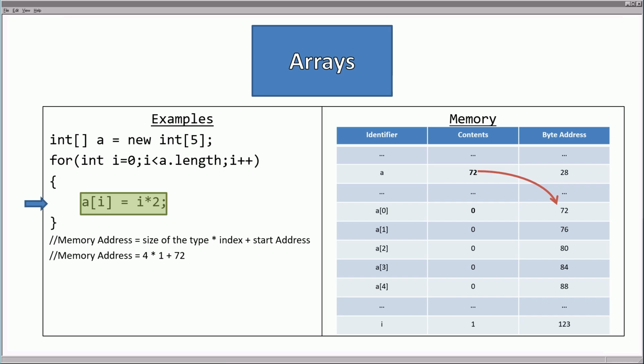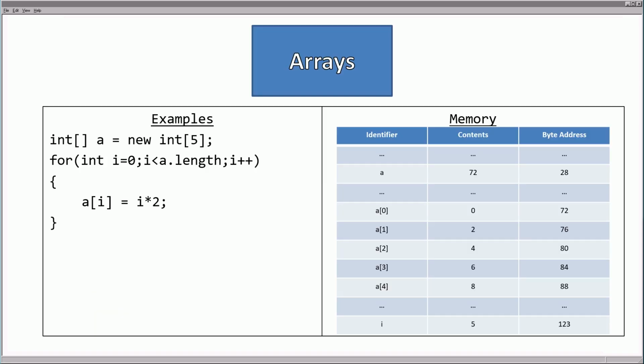So store the value 1 times 2, 2, into memory address 76. Increase I by 1. And this procedure keeps happening until we're at the end. And as you can see here, we've assigned all the values into this array: 0, 2, 4, 6, 8.